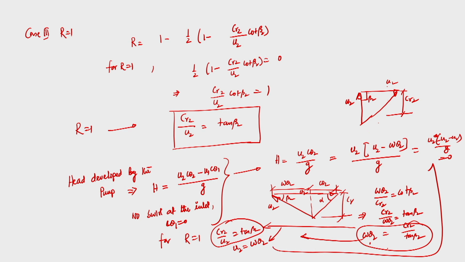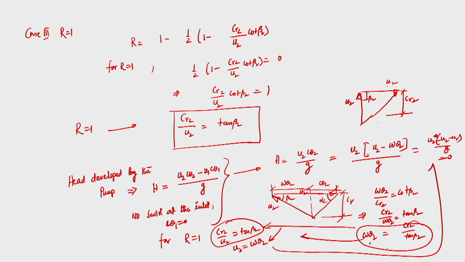Here W theta 2 is 0, so that is U2 square by g. Applying degree of reaction 1 and drawing the velocity triangles with beta 2 and alpha 2, we have shown that for r is equal to 1, the net head developed by the pump will be equal to 0. Okay.